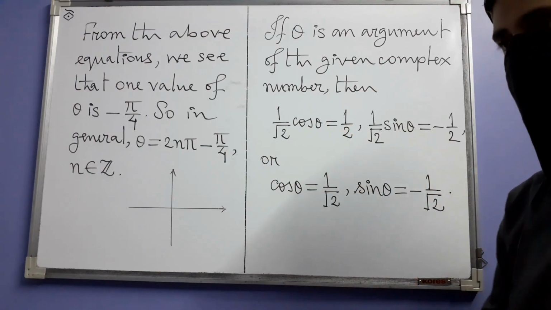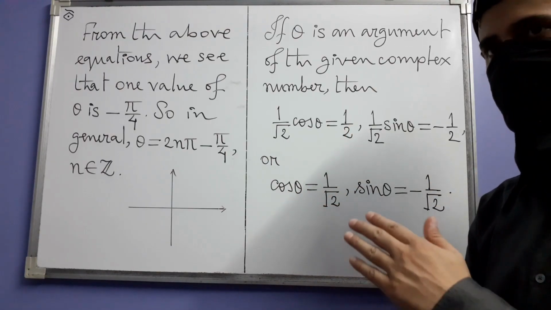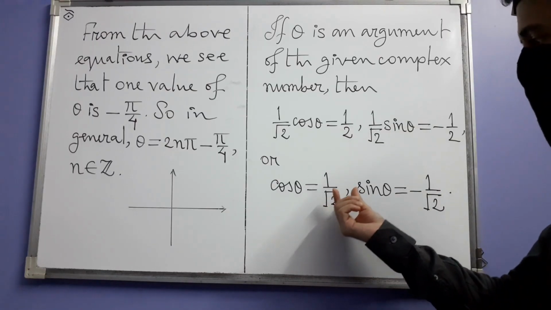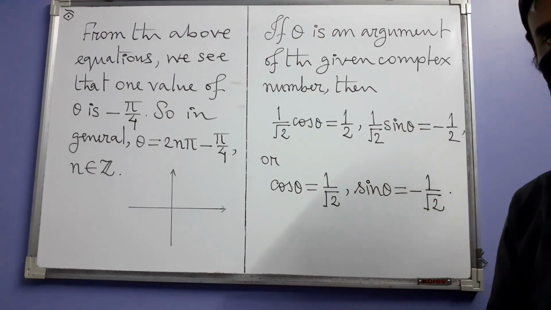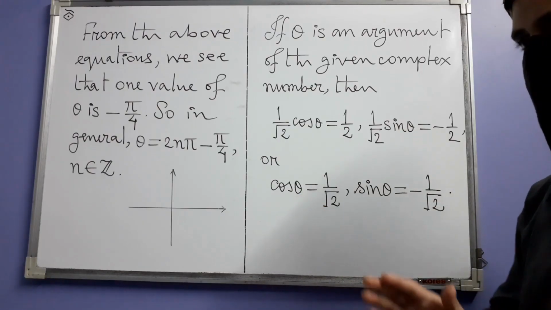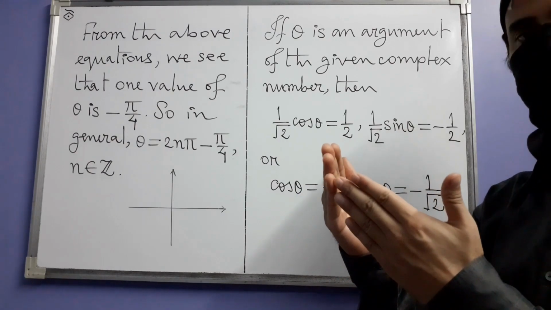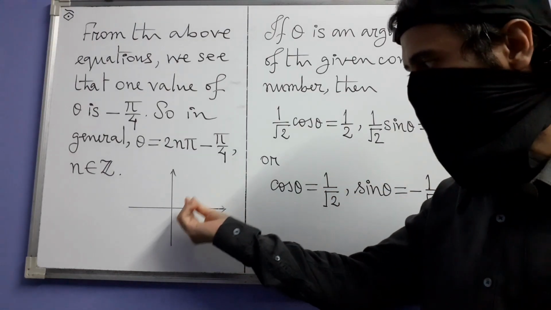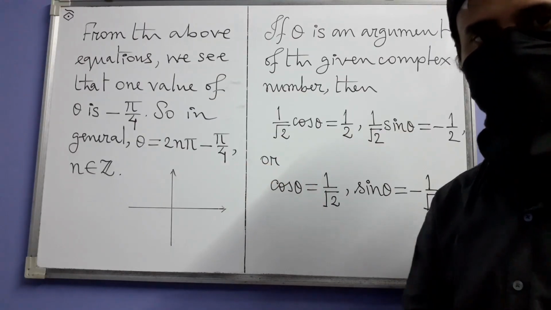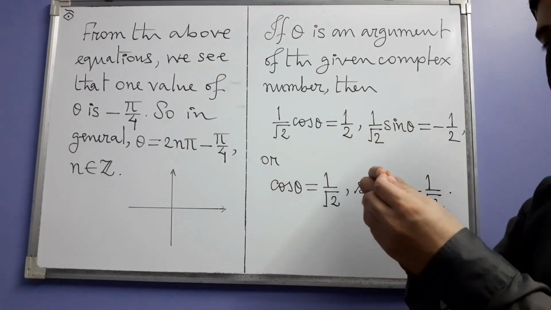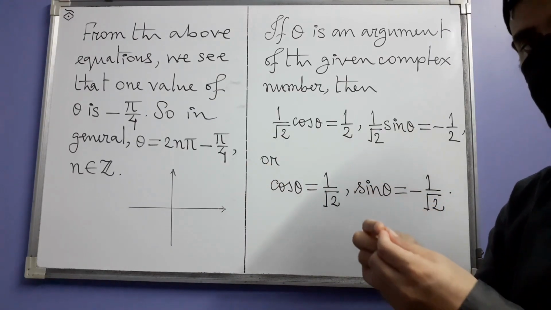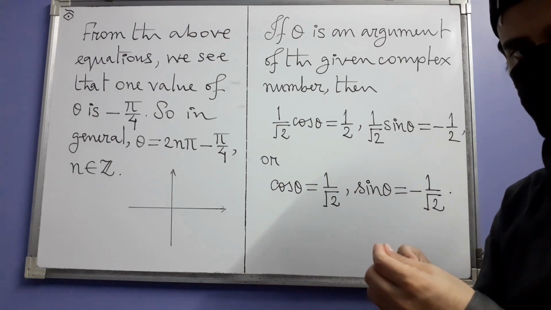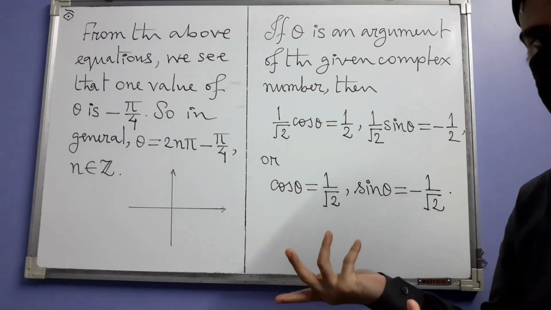Where the point can lie means in which quadrant the terminal ray of theta would lie, depending on the signs of cos theta and sin theta. You know that if you consider a point on the unit circle whose center coincides with the origin, then the x coordinate of that point is cos theta and the y coordinate is sin theta. And you know what theta is in this context.